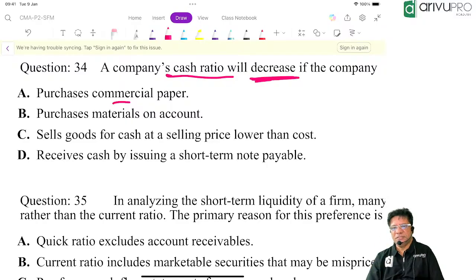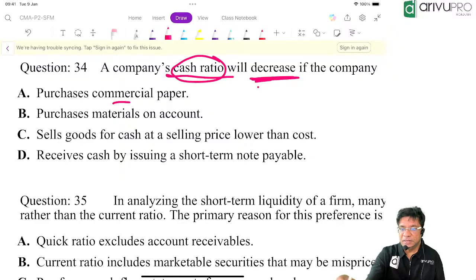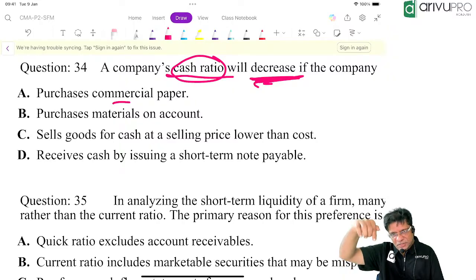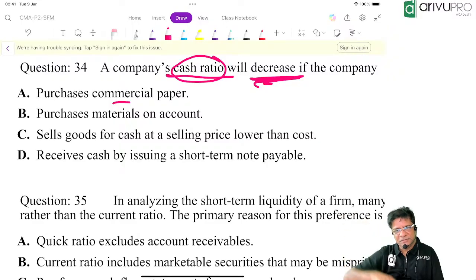When will it decrease the cash ratio? Numerator and denominator, both are there. Numerator decrease, denominator same, cash ratio comes down. Numerator decrease, denominator increase, cash ratio will come down. Any ratio for that matter.